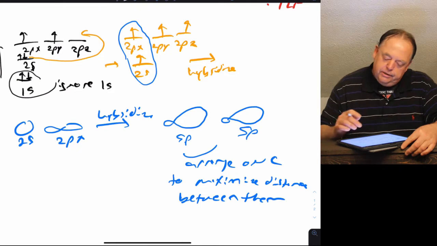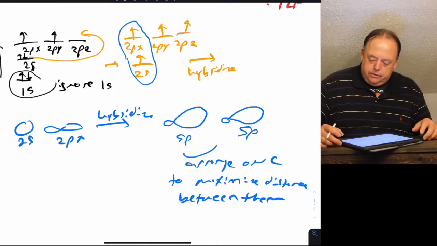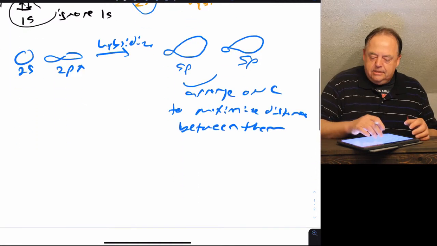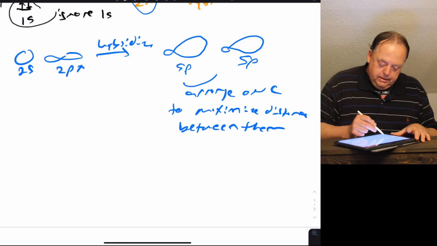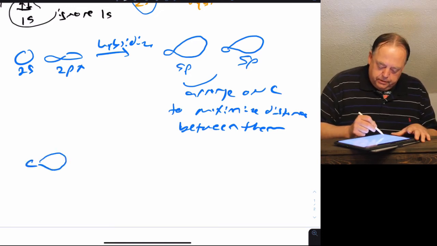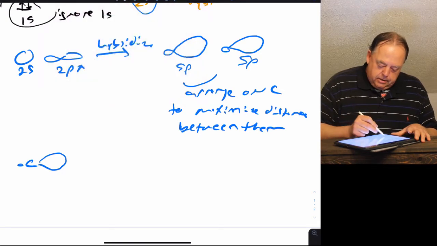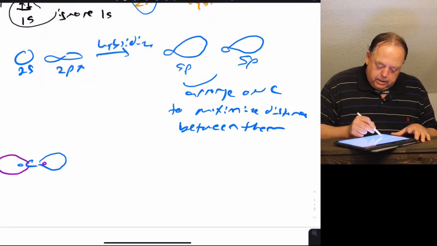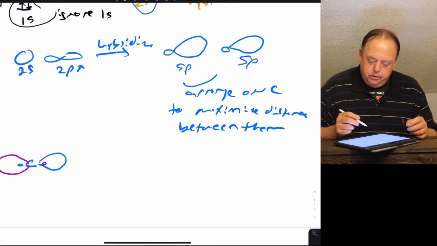So now we're going to arrange two orbitals on carbon to maximize the distance between them. How would you arrange two things to maximize the distance between them? You would put them 180 degrees apart from each other. You would put them linear. So if we take carbon with one of its sp going towards the right, and then its other sp going towards the left, big lobe towards the left, small lobe towards the right on the back side of the nucleus.